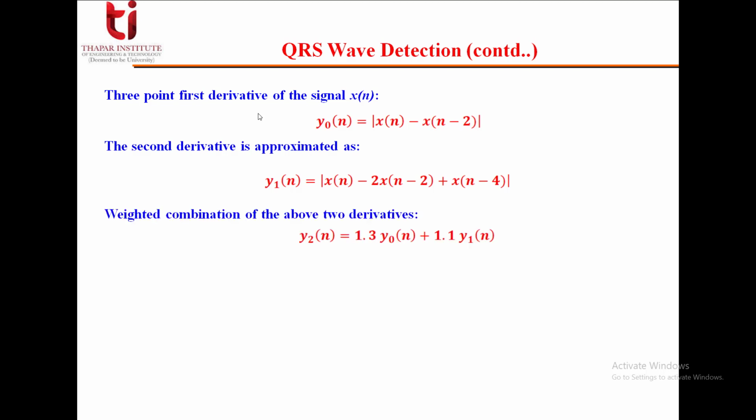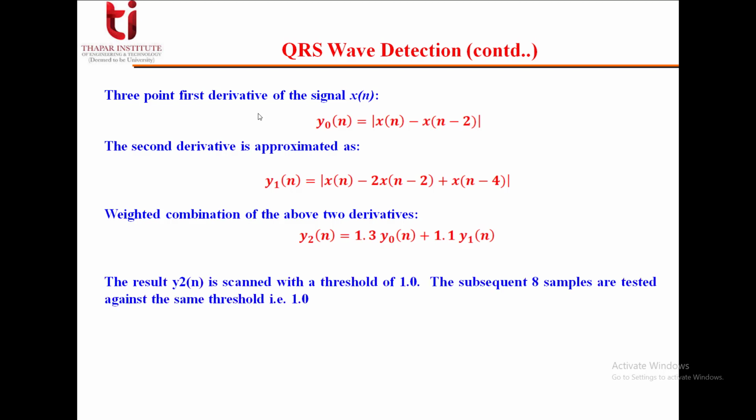When we take the weighted combination, we keep 1.3 as one weight and 1.1 as the other weight, which are researched values. So 1.3 times the 3-point first derivative and 1.1 times the second derivative will give us a weighted combination.